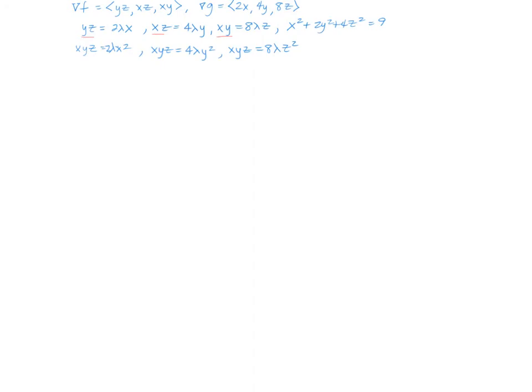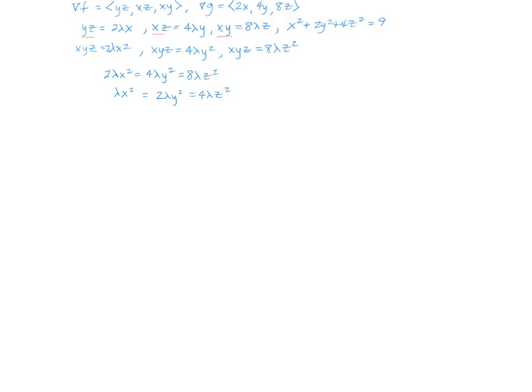Now I can set all of these equal to each other to get 2 lambda x squared equal to 4 lambda y squared equal to 8 lambda z squared. I could reduce this by dividing everything by 2 to get lambda x squared, 2 lambda y squared, 4 lambda z squared, which is really nice.